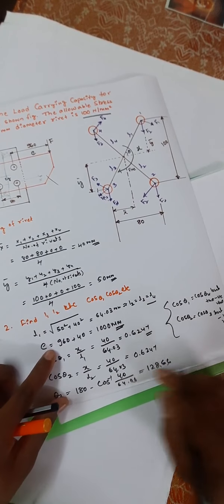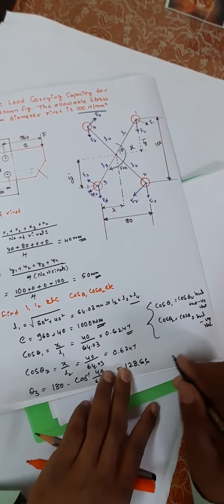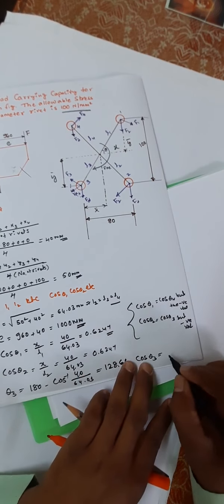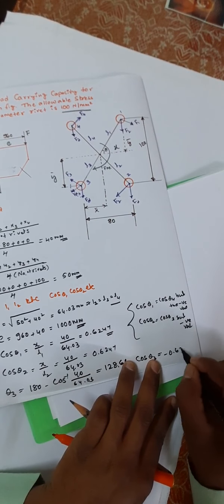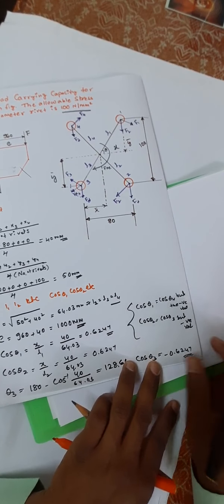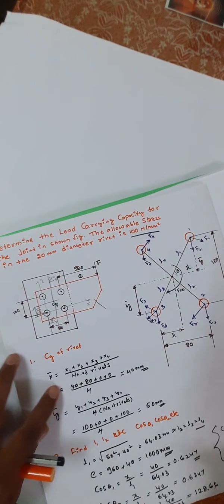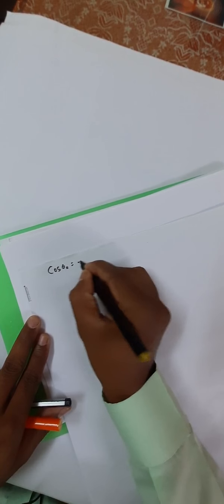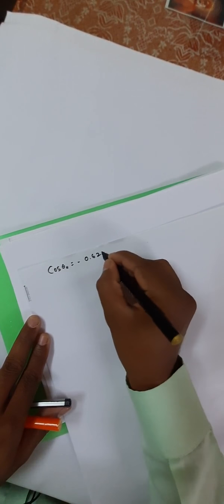Same way, cos theta 3 is equal to minus 0.6247, you will get. Same way you need to simplify the cos theta 4 by using the same equation. Cos theta 4 is equal to minus 0.6247. This is the value for cos theta 4.